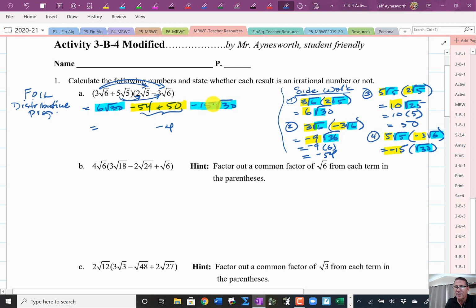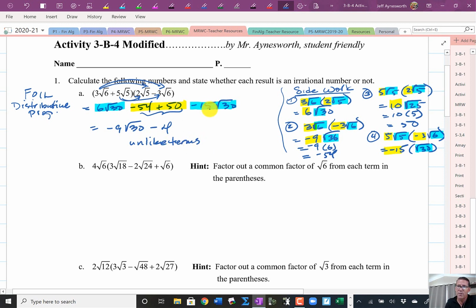Well, 6 minus 15 is negative 9. So we get negative 9 root 30. You combine like terms, so you get negative 9 root 30 minus 4. These are unlike terms, so you can't combine them. You're dealing with a radical 30 here, and negative 4 is an integer. You can't combine roots with non-roots, so they're unlike terms.